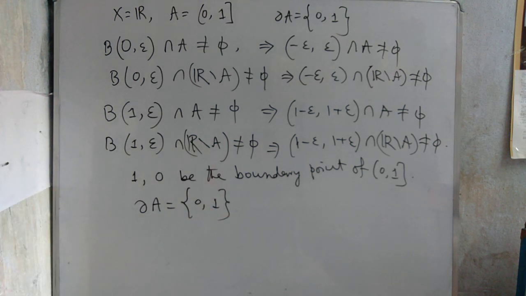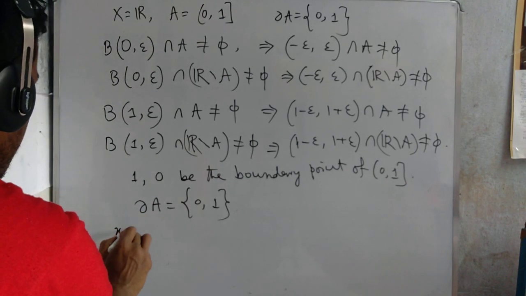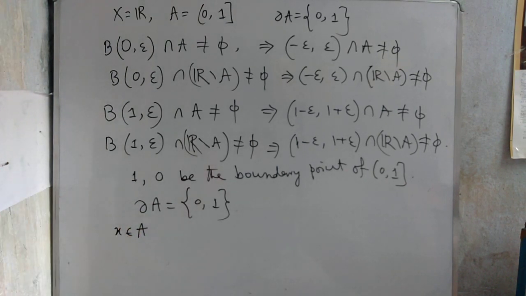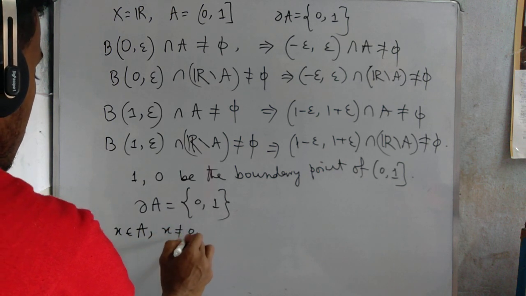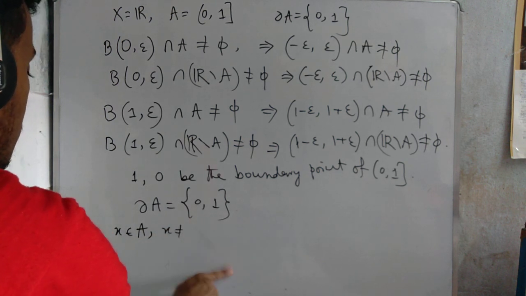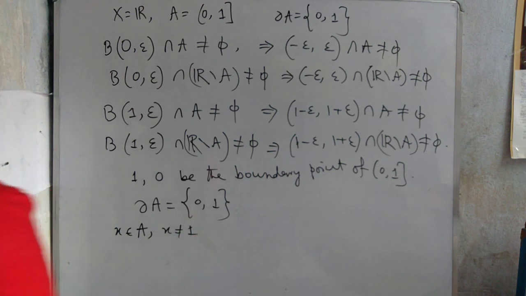If we talk about another point, that means x belongs to A, any point other than 0 and 1, not equal to 0, not equal to 1, then what happened?